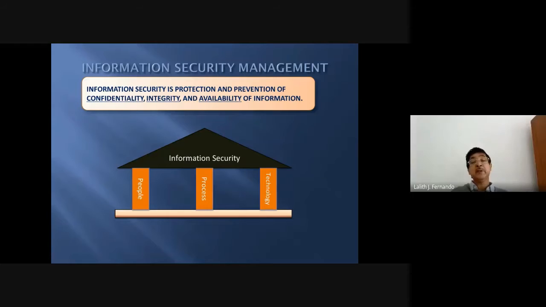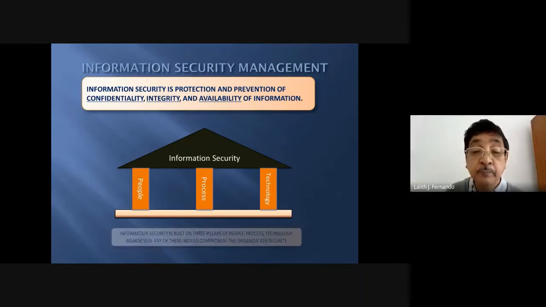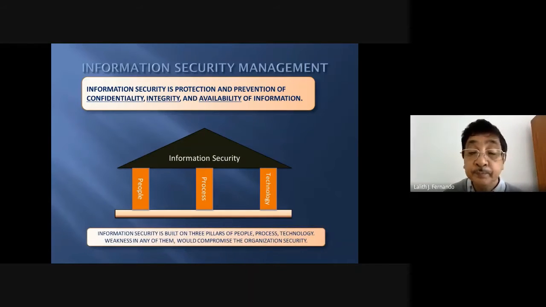Now, actually, this information security is really established on the pillars of people, processes, and technology. Now, information security is really compromised if any of these pillars is weak.